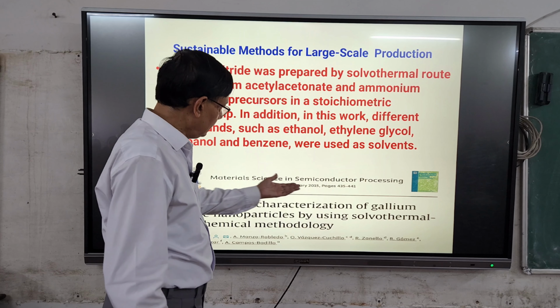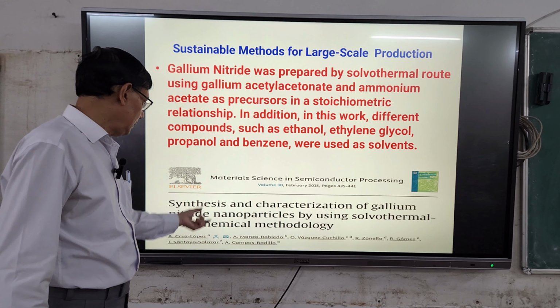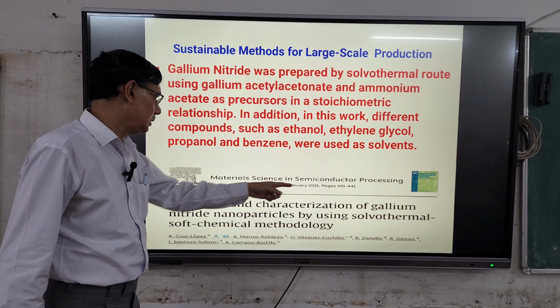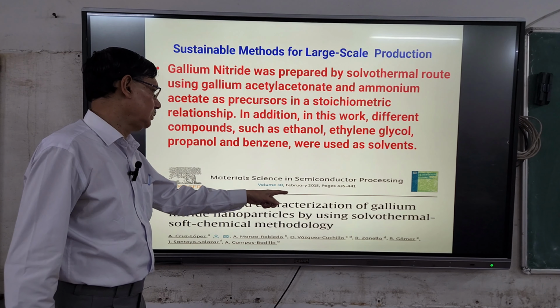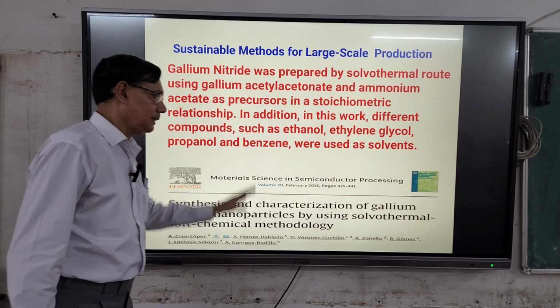Now again it is not a very new paper, 2015. I have taken this method from this review article, synthesis and characterization of gallium nitride nanoparticles by using solvothermal soft chemical methodology, and there are many methods.